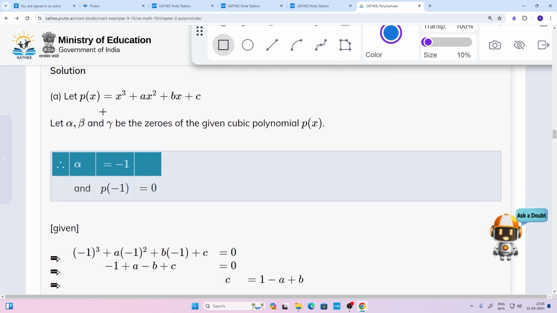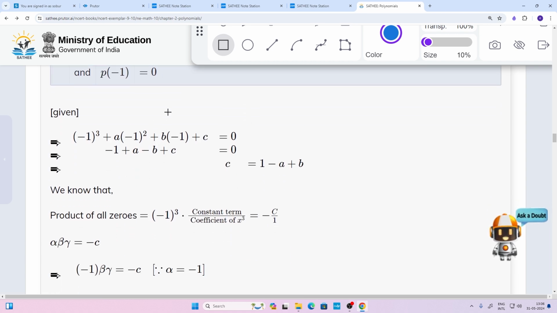Here we let p of x equal to x cube plus ax square plus bx plus c, and let alpha, beta and gamma be the zeros of the given cubic polynomial p of x. Alpha is minus 1 and p of minus 1 is equal to 0.